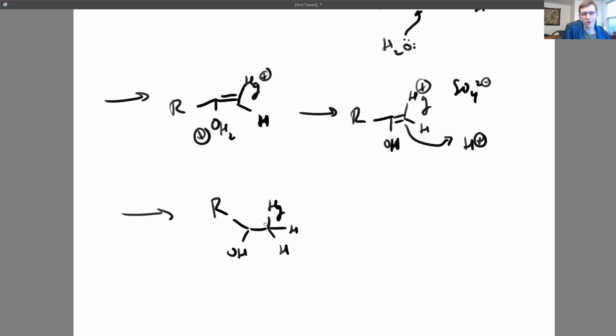We wind up going down to the single bond, and then from there we just drop the mercury. Okay, and that's our enol. I drew it upside down, but it's the enol.